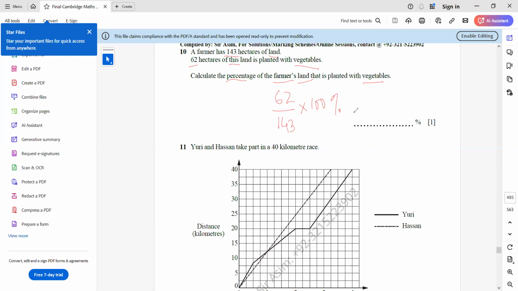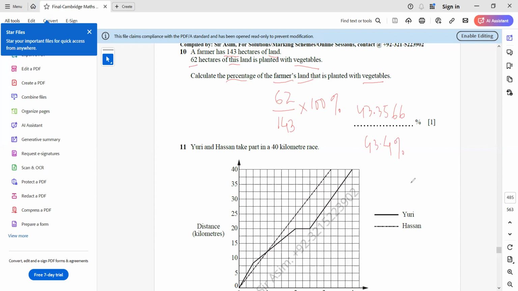6200 divided by 143, which is 43.3566. So when you round it off to one decimal place, 43.4%.